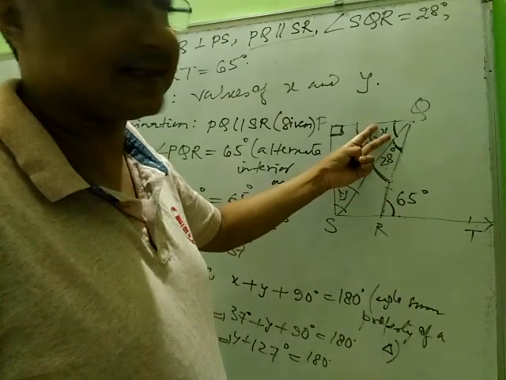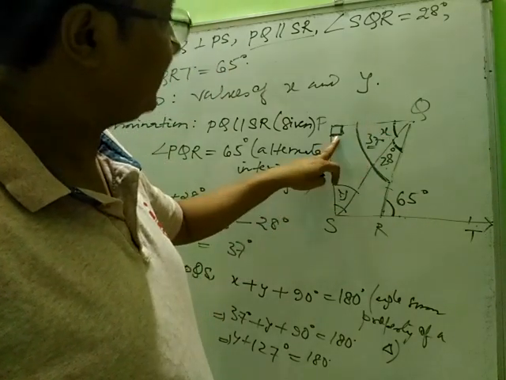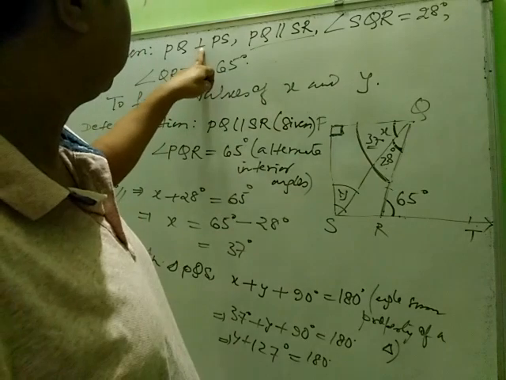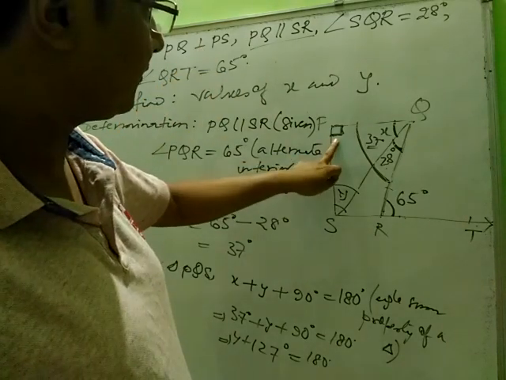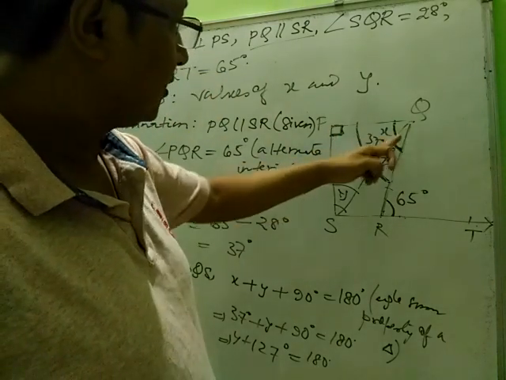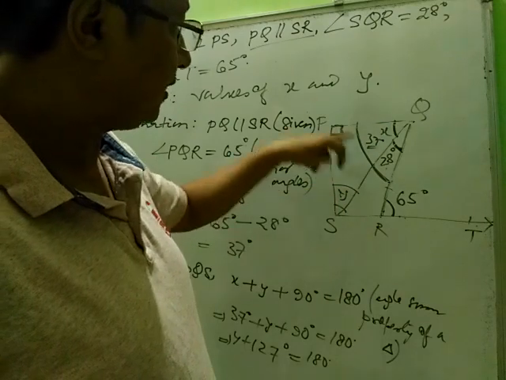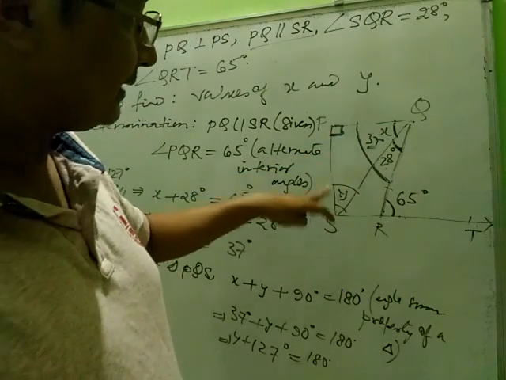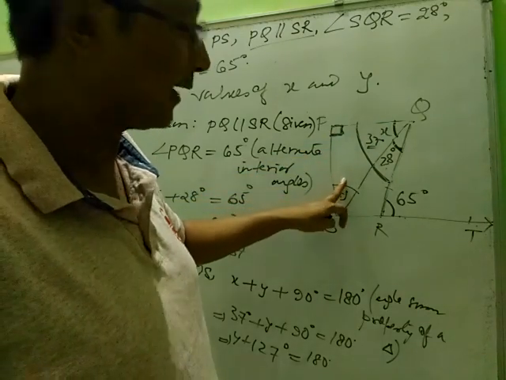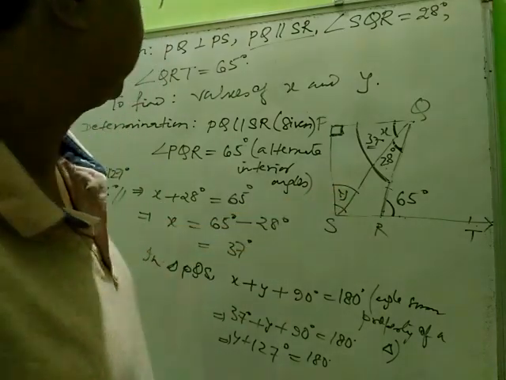Then you have got x. Here it is given 90 degrees, the perpendicular symbol is given. So this is the triangle. Adding the angles of this triangle, you have got 180. Then you have got the third angle, that is angle y.